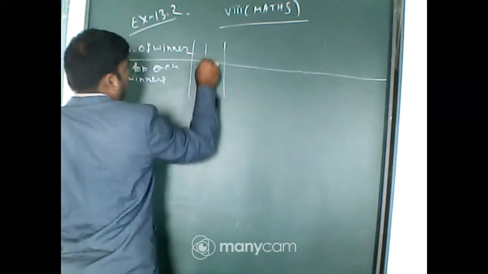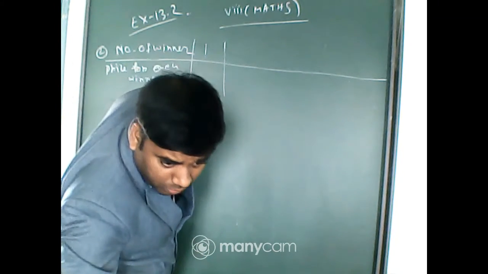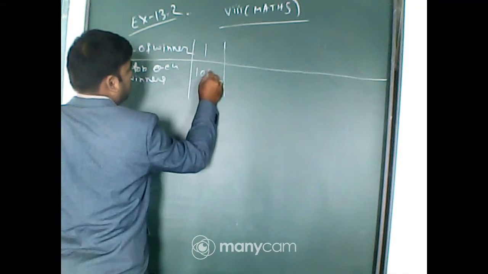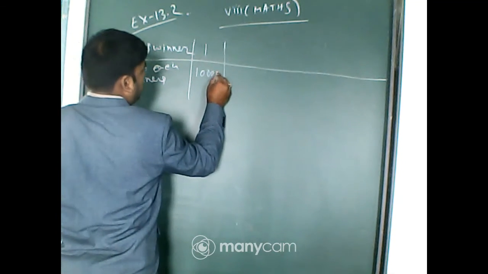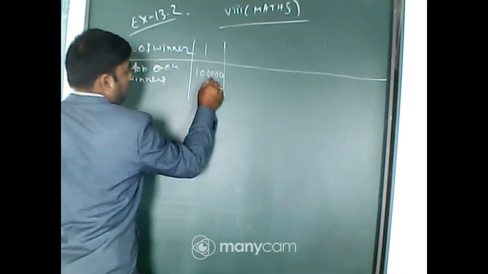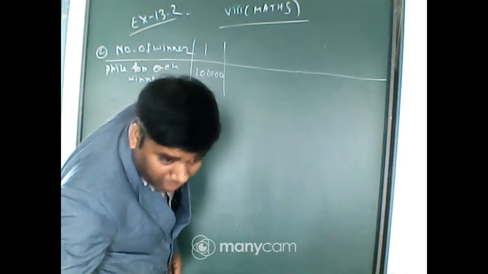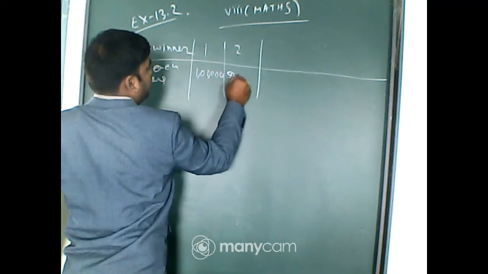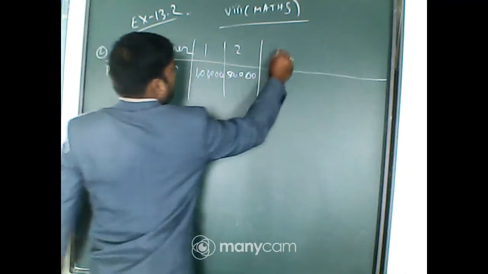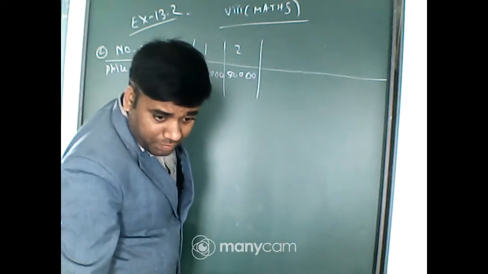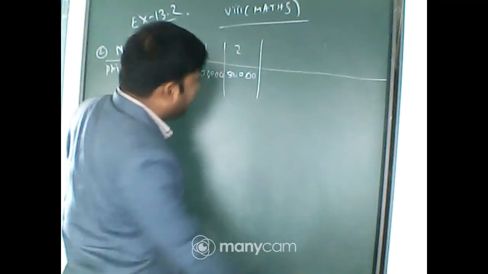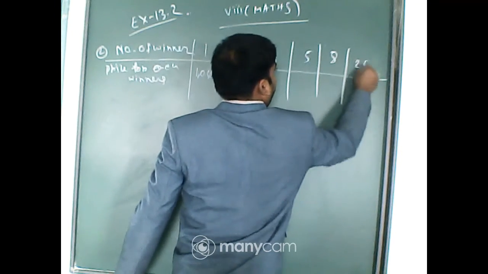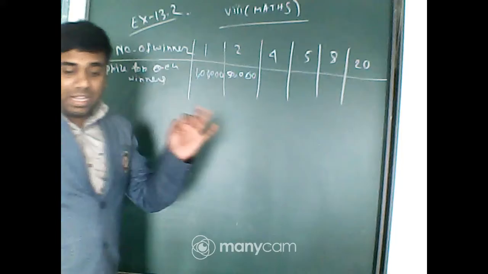One winner gets 1 lakh. Two winners get 50,000 each. You have to calculate for 4, 5, 8, 10 and 20. First of all, it is very easy to calculate.